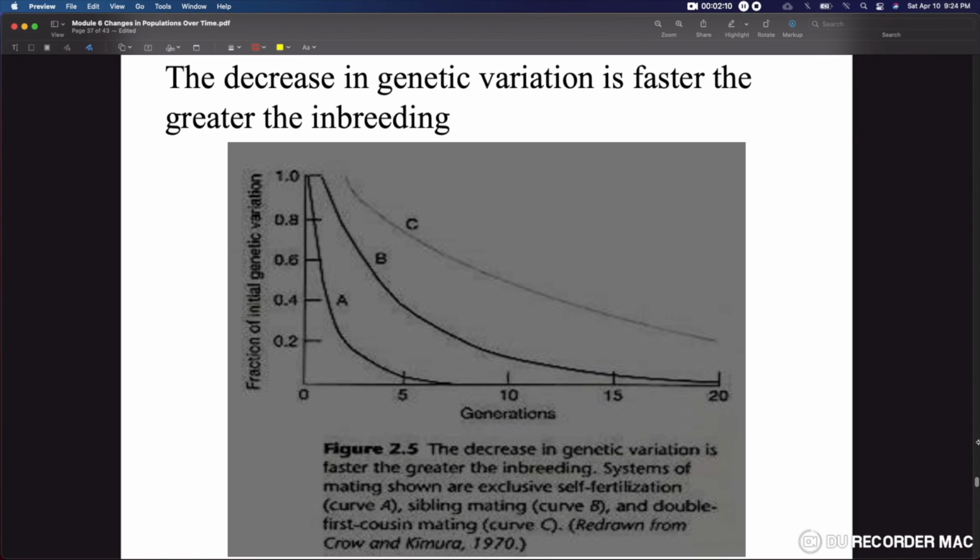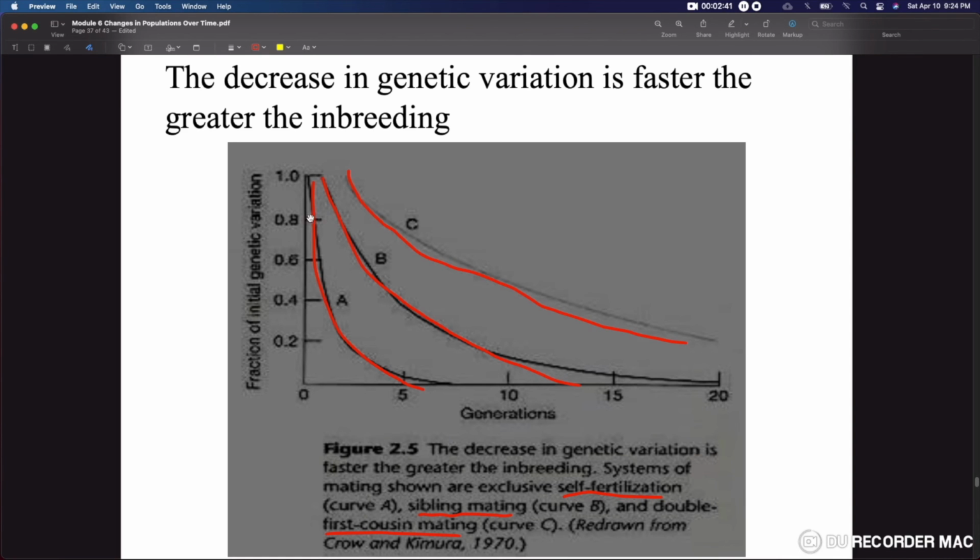So this graph naman is to show you how genetic variation can decrease due to certain things, no? So letter C right here is first cousin mating. Your letter B is sibling mating, and your letter A is self-fertilization.